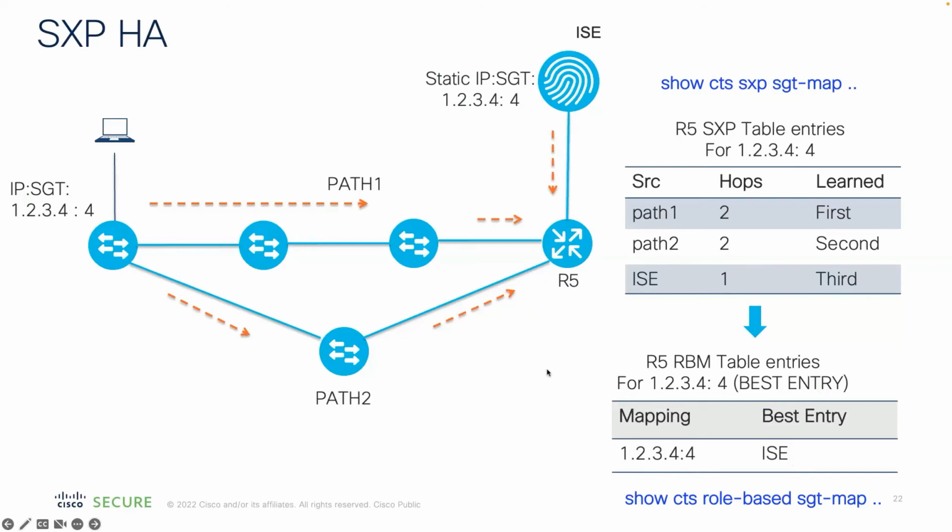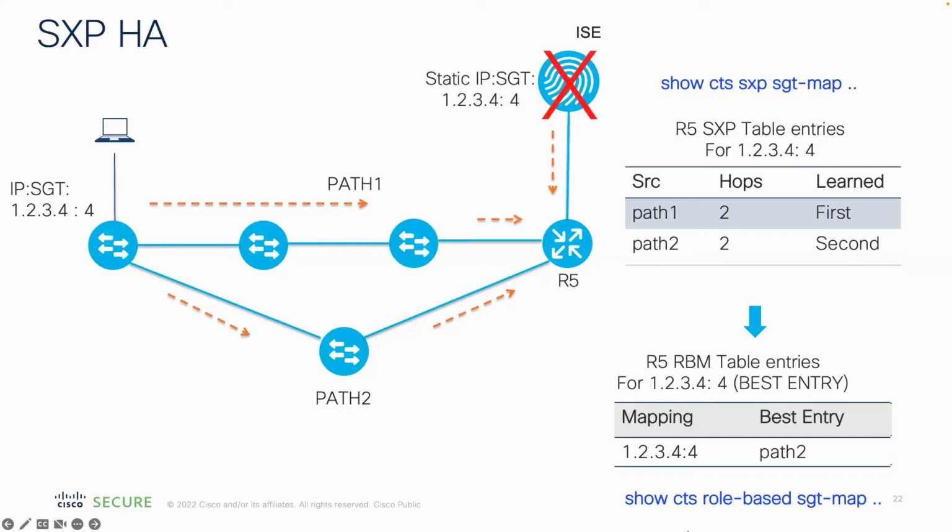Now, as far as high availability goes, what if ISE is not contactable for any reason, and then the timers time out? Then the entry disappears from the SXP table, but the best entry is still known. We know that it's through path 2, and so the RBM is just updated with an entry which is already in the SXP table.